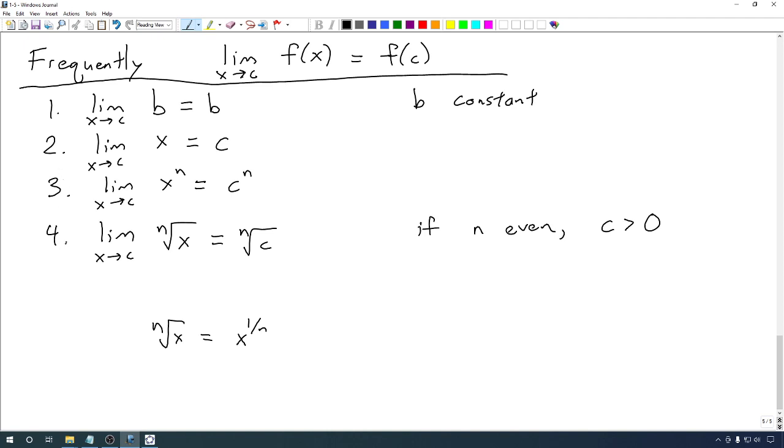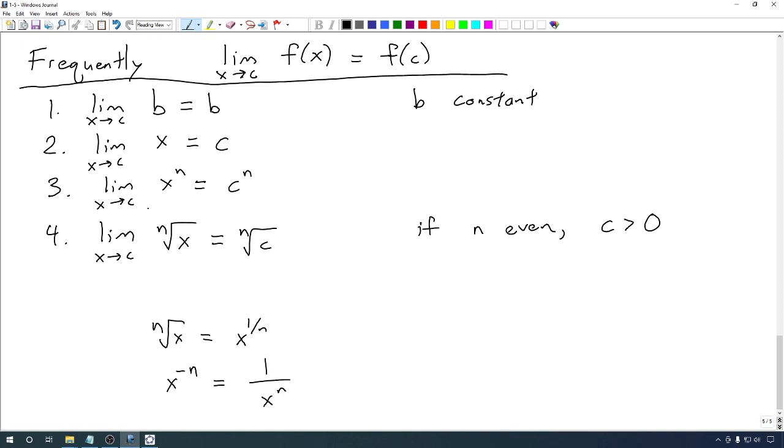But essentially, 3 and 4 here are kind of saying that, well, we can work with different powers of x. Except we might just have to worry about some conditions to make sure that we don't plug negatives under a square root or something like that. Technically here we could also say in 3 that we could use negative powers. Remember, x to the negative n is 1 over x to the n. Of course, in that case, we do need to make sure that c is not 0.